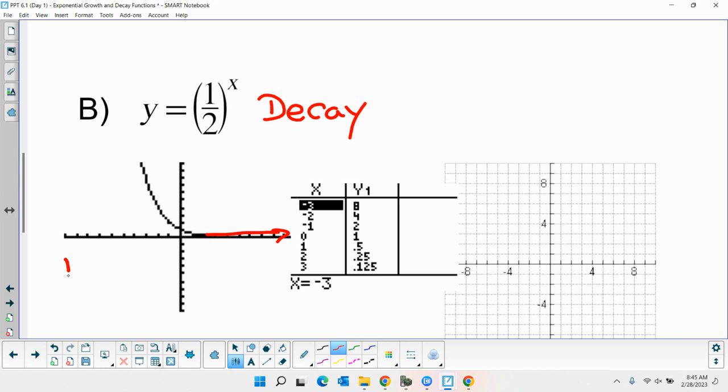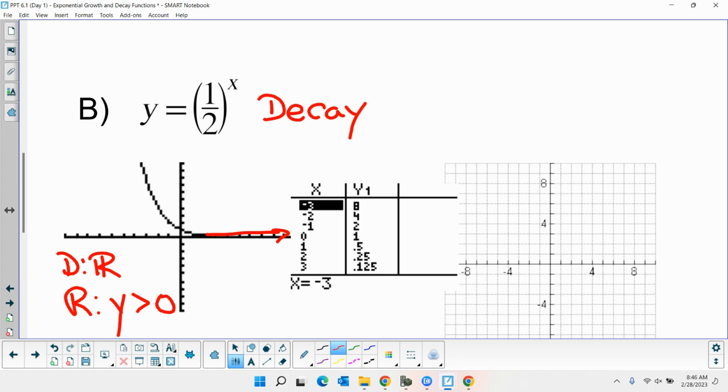So again, my domain is all real numbers. Any x value will work. My range is also the same as the decay or the growth one. It never hits 0, so it's all y values greater than 0. So if you have to graph something, just use your calculator. That's easy.